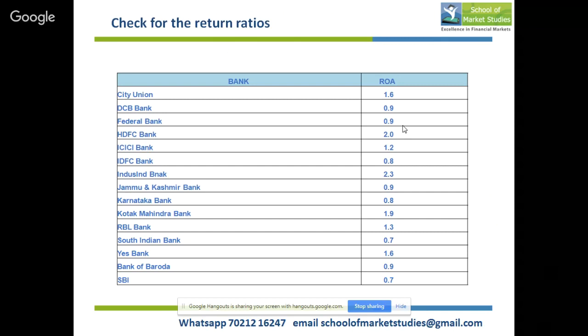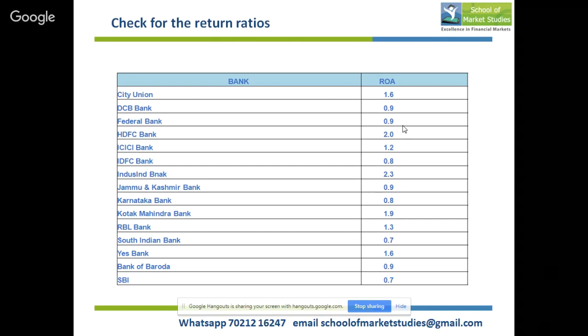IDFC Bank is very low on the ROA. So what we want to do out here is filter out banks which do not have a ROA of at least 1. So what happens? SBI gets automatically eliminated. DCB goes out, right?